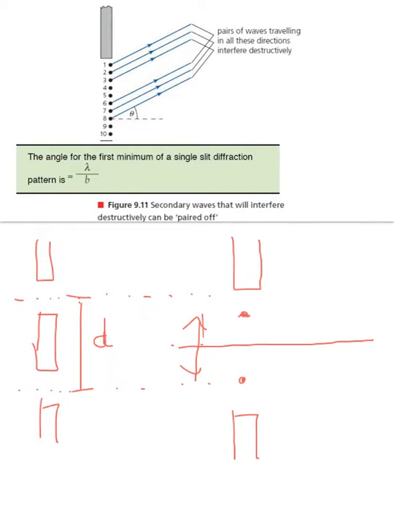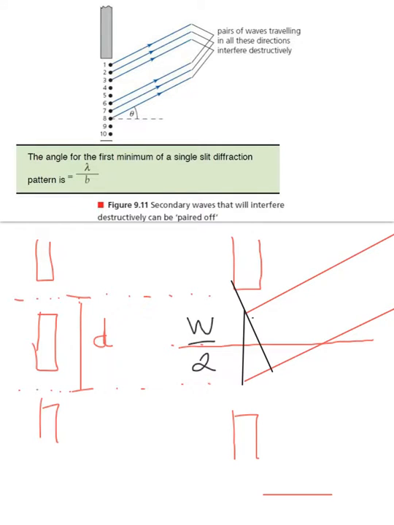So now we're going to consider the path difference between the waves that travel from this point and the waves that travel from this point, eventually converging at a distance very, very far away and destructively interfering. Okay, so that's better. So here we have the two parallel rays which eventually meet here, and there's a path difference.